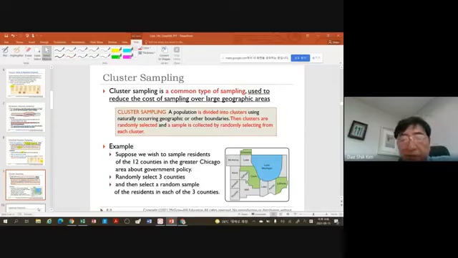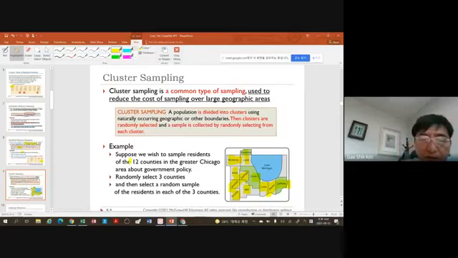For example, this is Michigan State, Lake Michigan. They have many towns. Okay, it's well divided into clusters. So the clusters are randomly selected, and then the sample is collected randomly from each cluster.